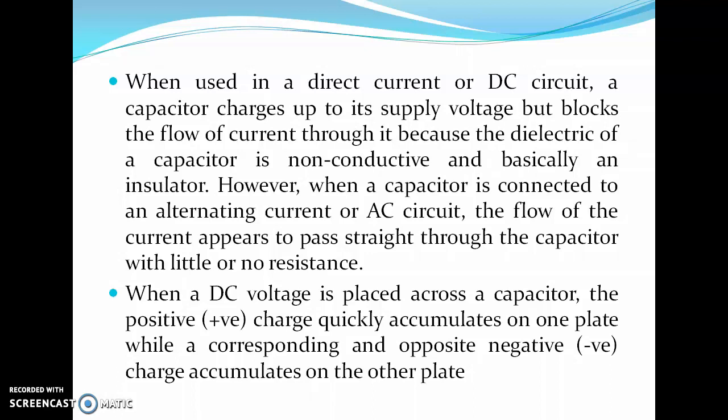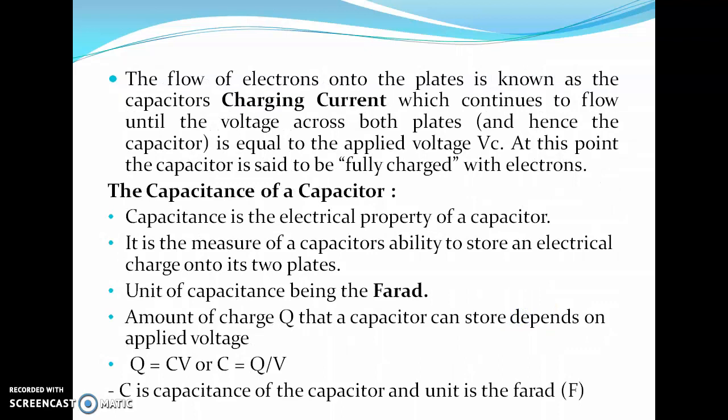In case of DC source, when we apply DC source to a capacitor, the flow of electrons onto the plates is known as the capacitor's charging current. Initially when we switch on our DC source, the capacitor will start charging and the current that it takes to charge is called the charging current.